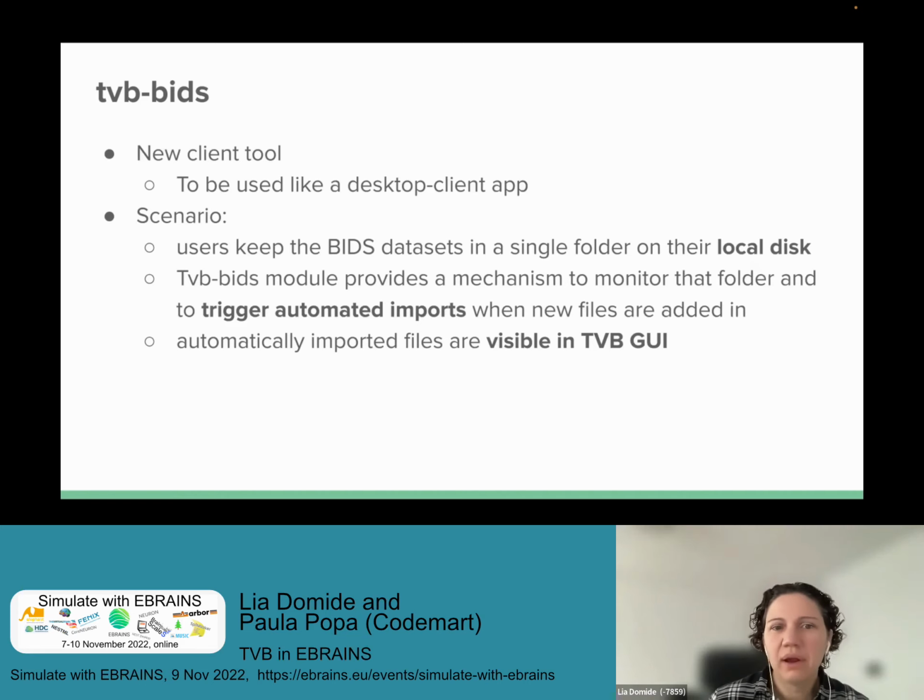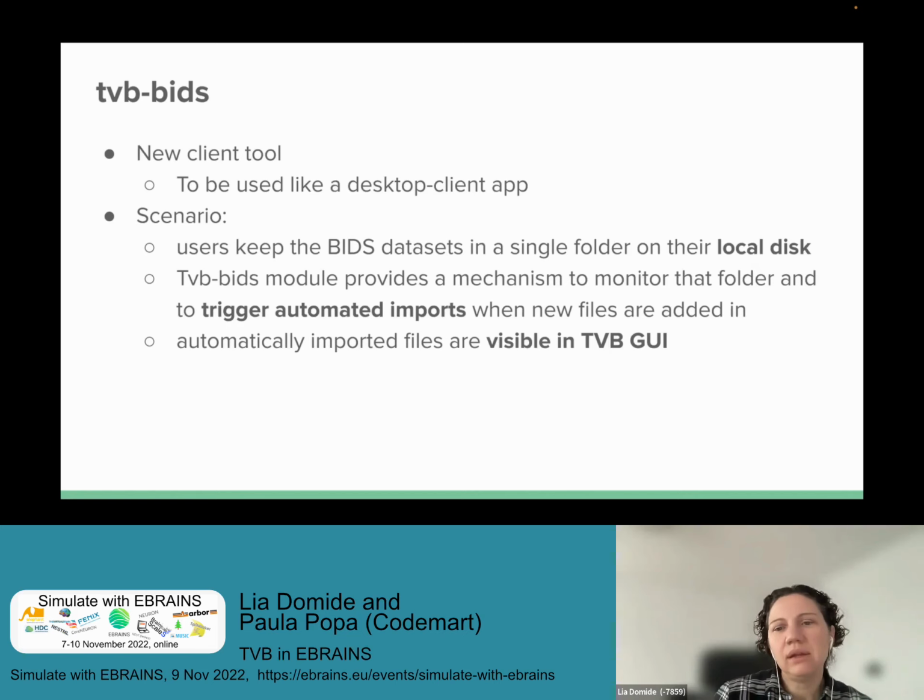Imagine the scenario where you have a BIDS data set in a single folder on your local drive. The TVB module can be put nearby to provide a mechanism that monitors this folder for additions, for example, from another software or for manual addition to it.